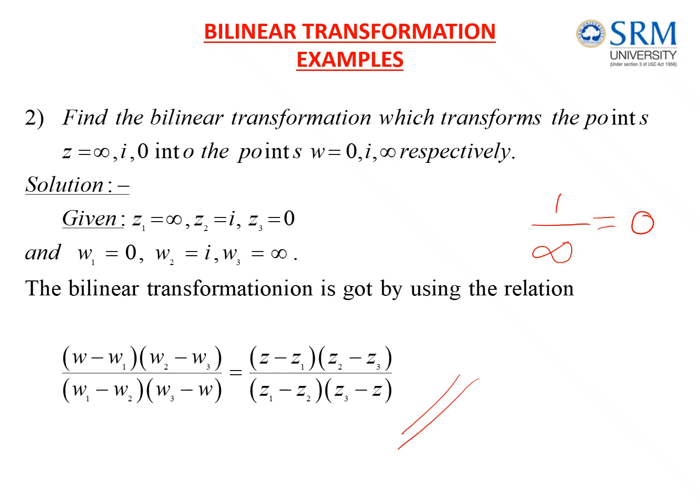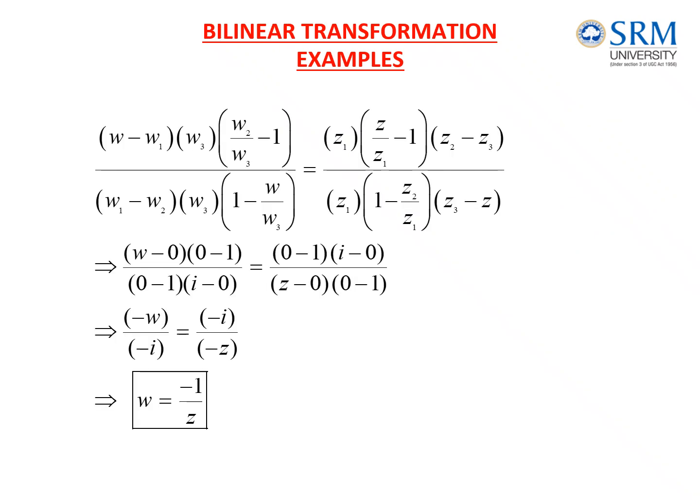On the left hand side, I need to take W3 as common. On the right hand side, I should take Z1 as common. That simplification is shown here. W3 is taken common in both the numerator and denominator, so it gets cancelled and the remaining term is in the denominator. Similarly, on the right hand side Z1 is taken as common and cancels with the denominator, leaving Z1 in the denominator.